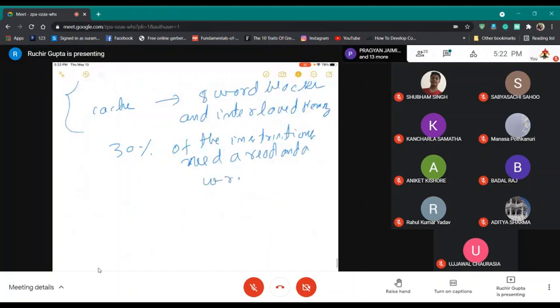So if 30% of the instructions need a read and a write, 30 plus 30 is 60, so 70 plus 60, out of 100 instructions there will be 130 memory accesses.